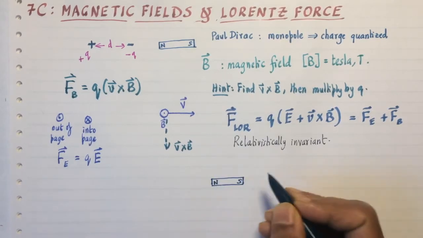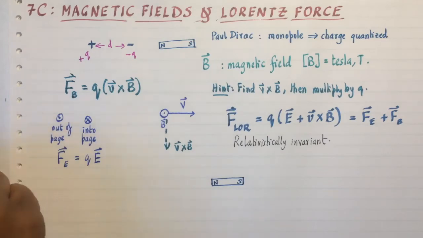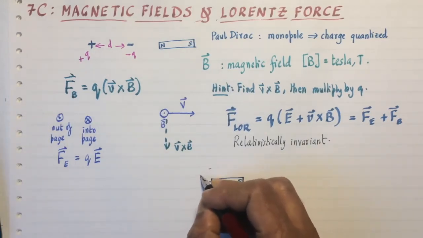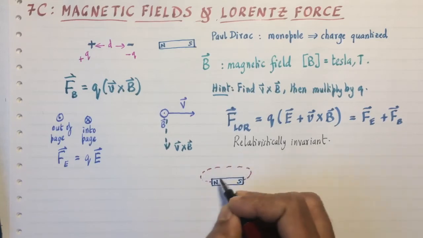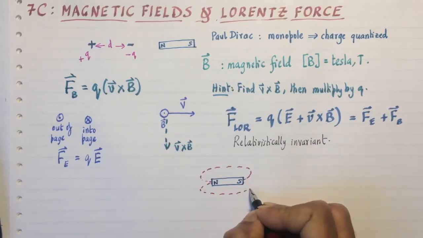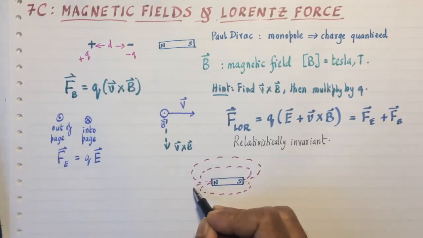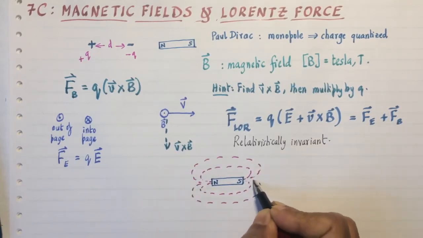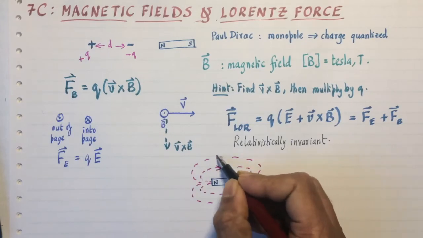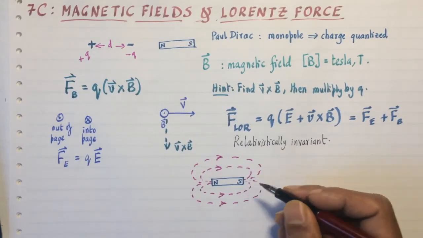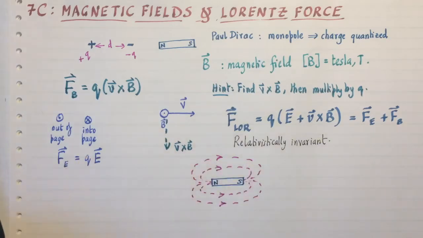So if I have a north-south, then that's going to send out magnetic fields from the North Pole to the South Pole like this. And we'll have a chance in one of the experiments to actually measure the magnetic field of a bar magnet, or rather what's called the dipole moment of a bar magnet.